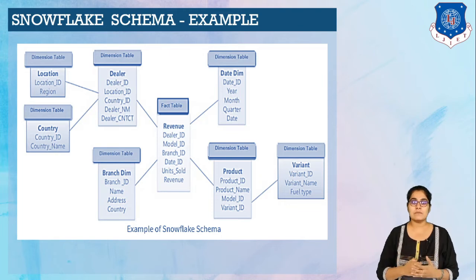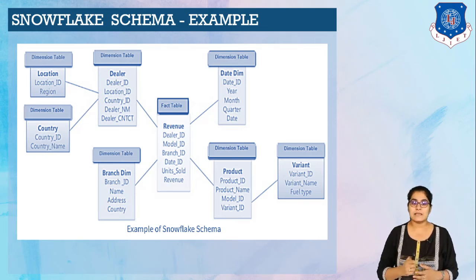The dimension tables are normalized, which splits data into additional tables. In a star schema, none of the dimension tables are normalized, whereas in the Snowflake schema, wherever possible, the dimension tables are normalized to reduce redundancy. In the given example, country is further normalized into an individual table.